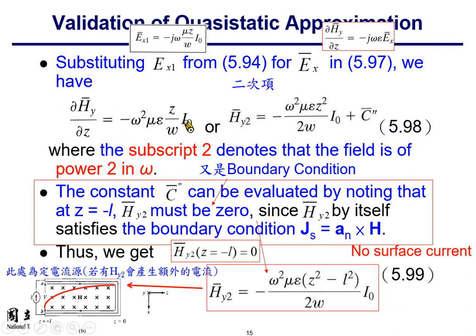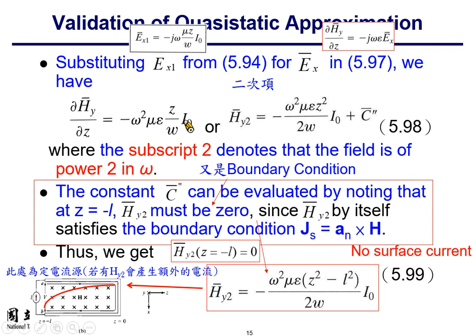Is that okay? Moving the left side over or the right side over is fine, right? So we move it back. Okay, and you end up with another constant, c double prime. And we, of course, need to determine the value of c double prime, which should be resolved using the boundary condition.